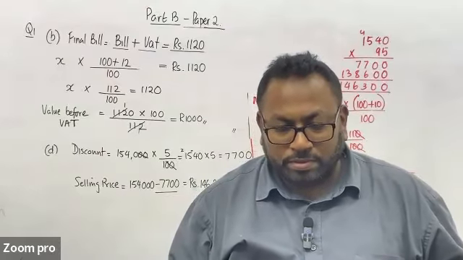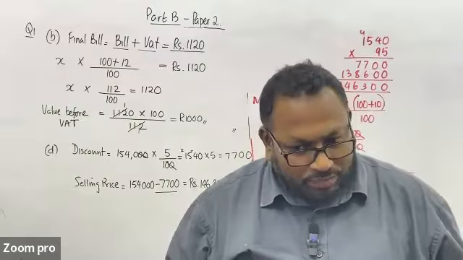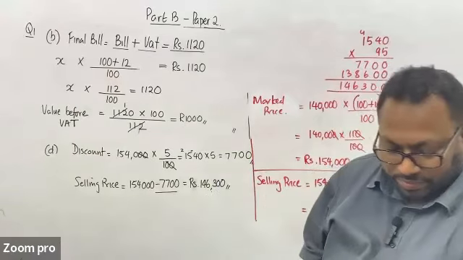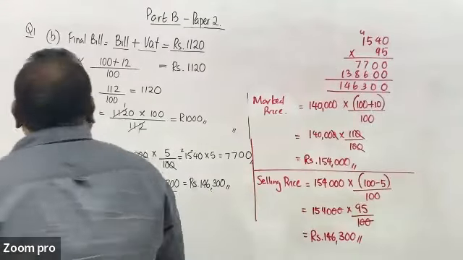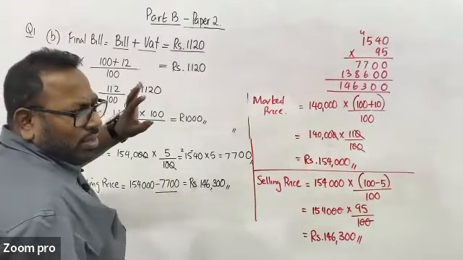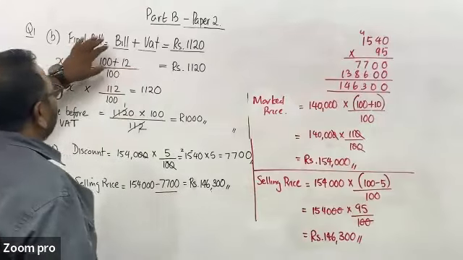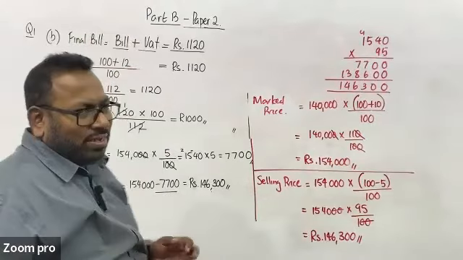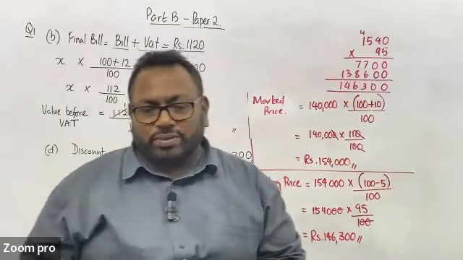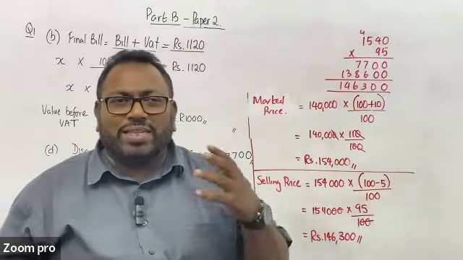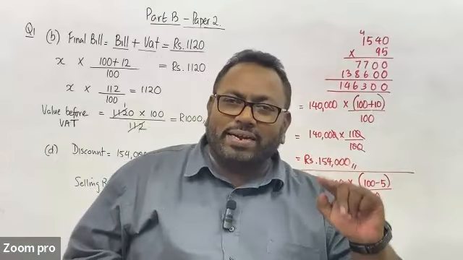Couldn't understand the VAT portion. Okay, right. So I want to just tell you again. What are they saying in the question? They are saying your VAT amount plus your bill. Now see, there is a normal bill. Now let's just say your phone bill is 1,000 rupees. To that 1,000 rupees, they are going to add VAT.